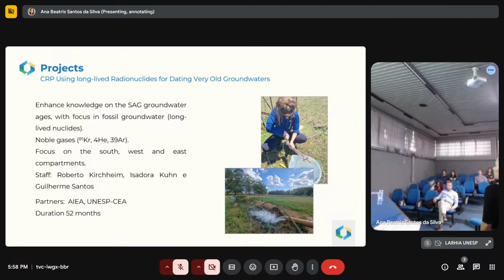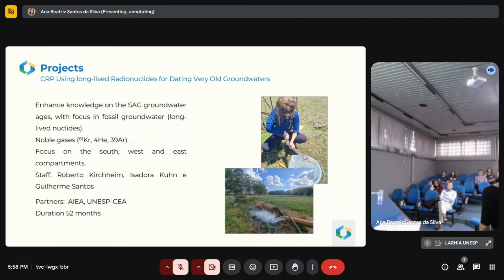Well, besides the GNIP, we are enrolled in some coordinated research projects from the IAEA. One of them is the use of long-lived radionuclides for dating very old groundwaters. The first deliverable from this CRP, from the survey side, was Roberto's PhD thesis.